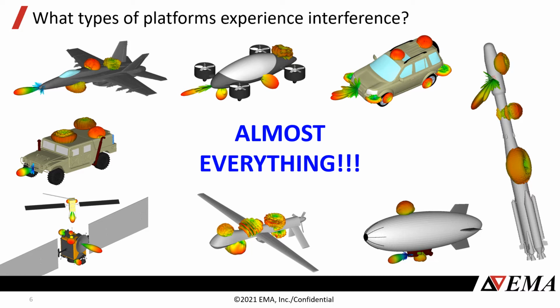And again, it's pretty much anything where we have multiple RF systems integrated onto that platform. We have to think about these interference problems, and we really have to incorporate their broadband performance and potential for interference into the design of the platform. It's never too early to start looking at these types of problems.